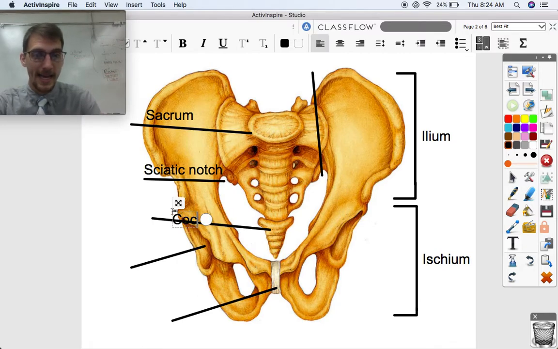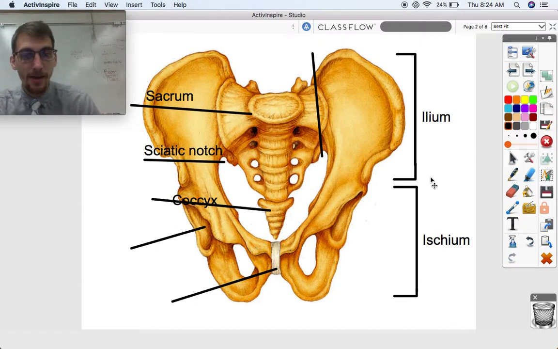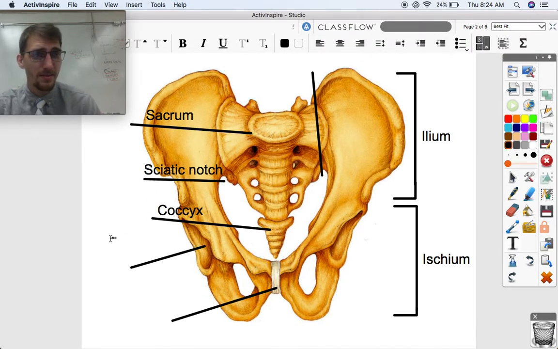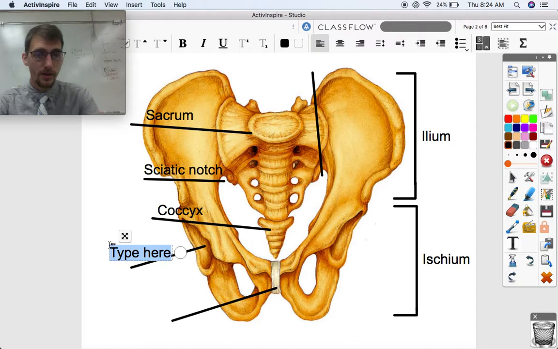This is the coccyx, also known as the tailbone. It is a vestigial structure, an evolutionary remnant of a common ancestor that had a tail. So you have a tailbone. It doesn't do anything, it just gets broken. Not helpful. Over here, this hole is called the acetabulum.